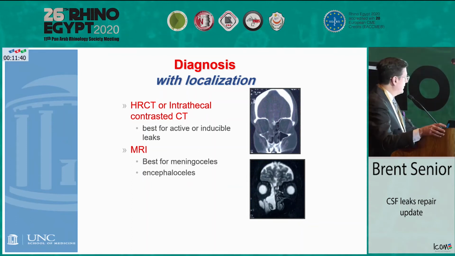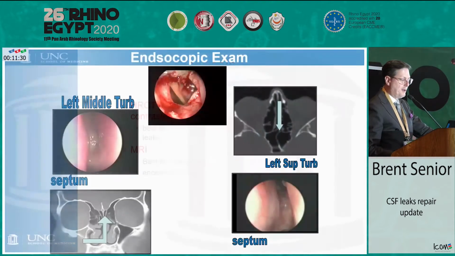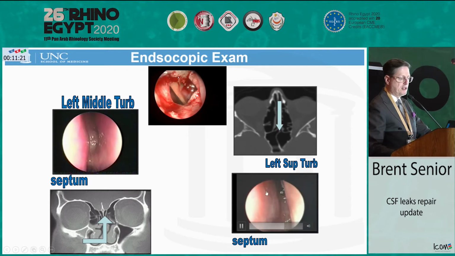High-resolution CT, intrathecal contrasted CT, is obviously very helpful in those patients with obvious leaks and with encephaloceles and meningoencephaloceles. MRI can be helpful as well. But I don't want to downplay the benefit of endoscopy. Endoscopy can be just very, very helpful. Here's an example, just a patient valsalving in the clinic from a leak in the sphenoid sinus here.